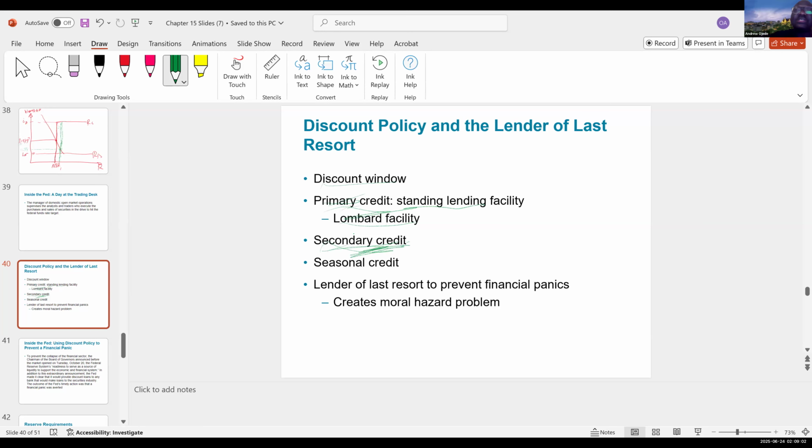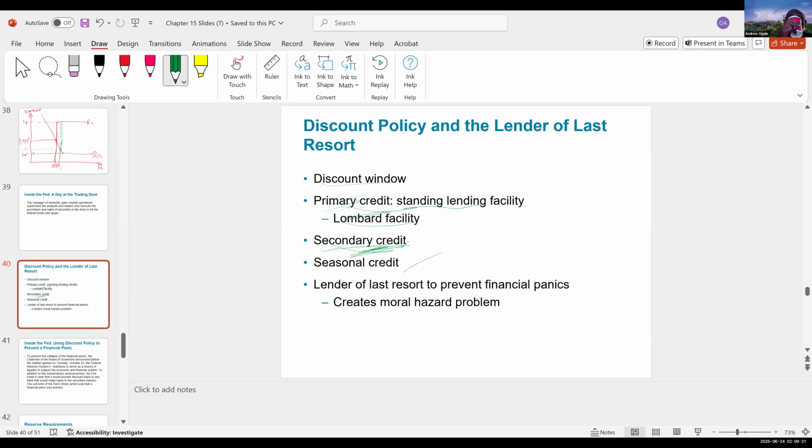And then the last one is seasonal credit. The Federal Reserve may want to target industries or sectors of the economy that lend funds to seasonal activities like skiing. We know skiing is mostly a winter deal. The peak season is in the winter time. So the Fed might want this industry to boom, but banks may not have enough money to make it boom by lending money.